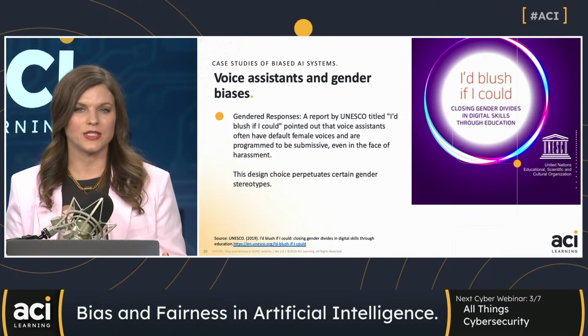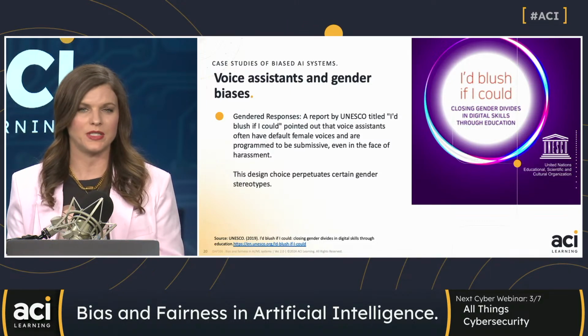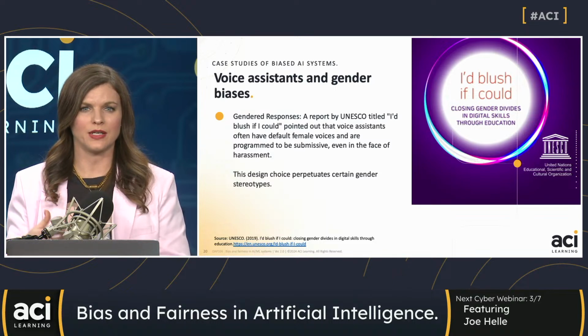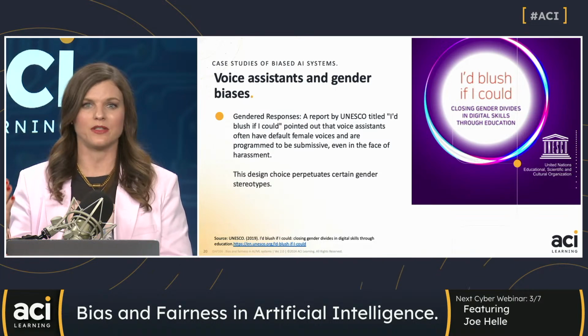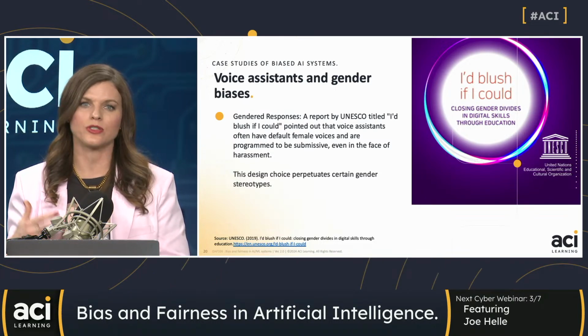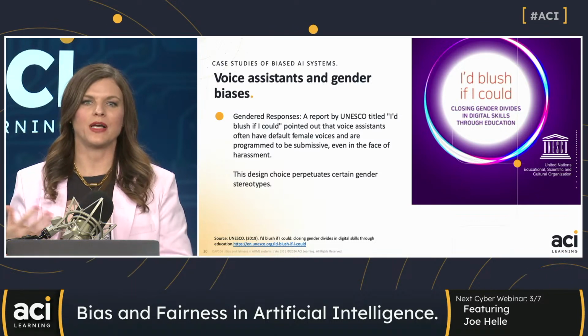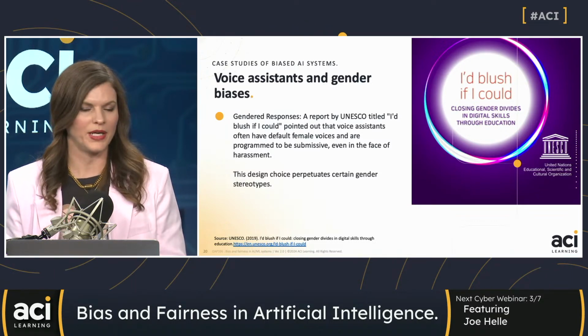I've actually even seen it in ChatGPT: you have a voice option now, and it provides three different options. One of them is a female voice, and two are male voices, to try to prevent that perpetuated idea that females are your assistants.